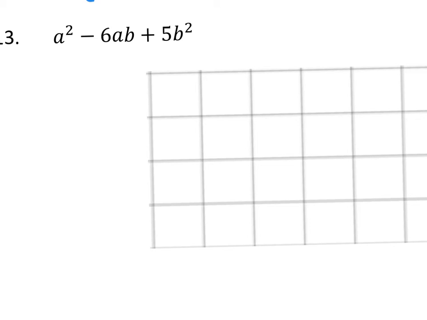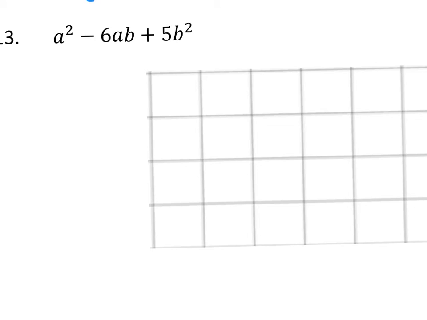And so the greatest common factor across this top row is just a. Across the second row is just b. In the first column it is again a, but in the last column is 5.